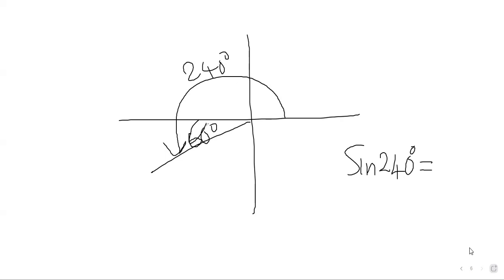So this is not going to be equal to sine 60 degrees because sine in the third quadrant is known to be negative. You have to include the negative at the beginning there.